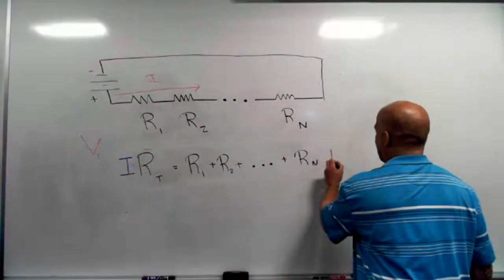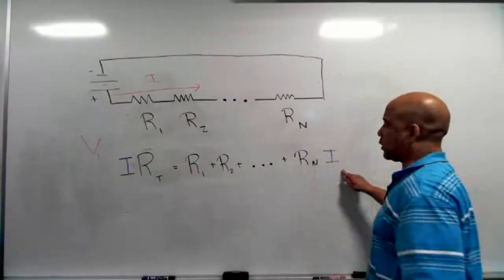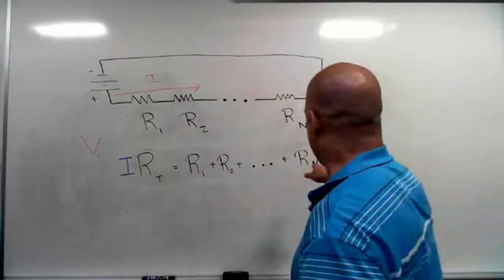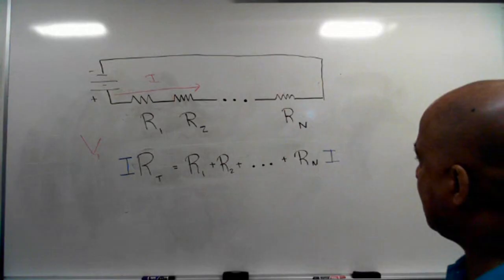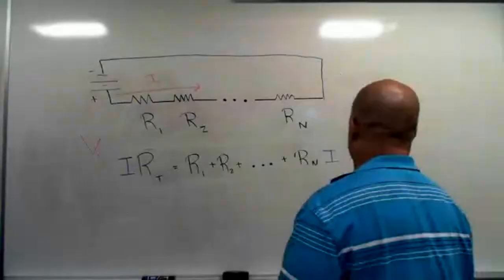Now, if I put the current over here like that, is that multiplying the right side by current? Did I do that right? Is my math correct? No, it has to be applied to every resistor, not just the one on the end. Exactly. So what he's saying is, no, your math is wrong.